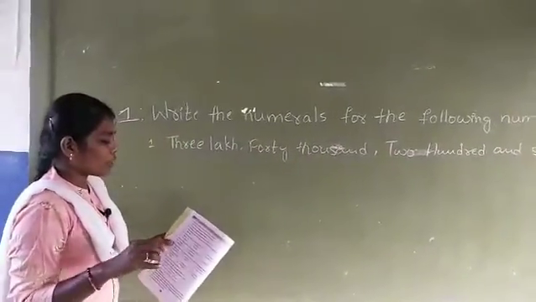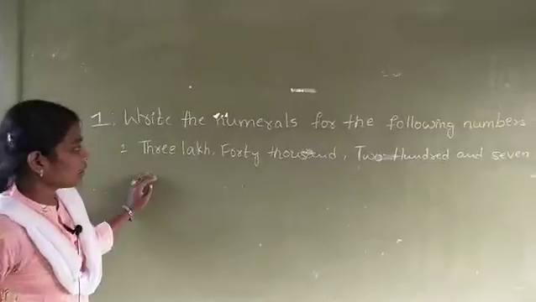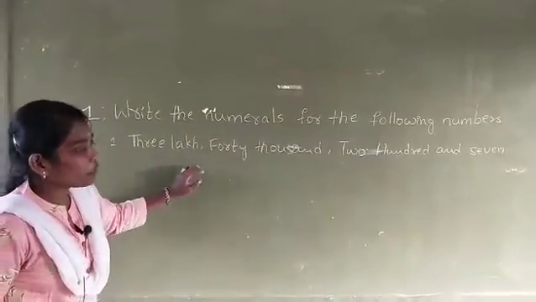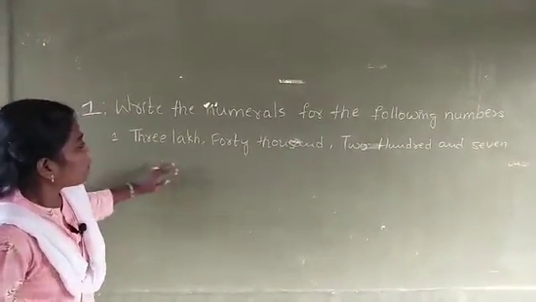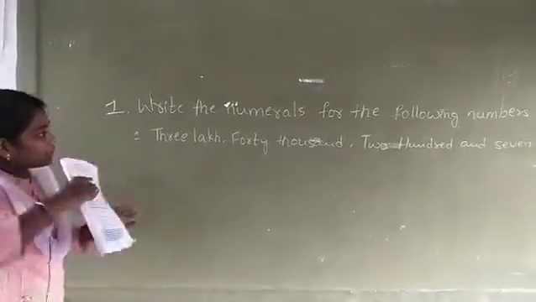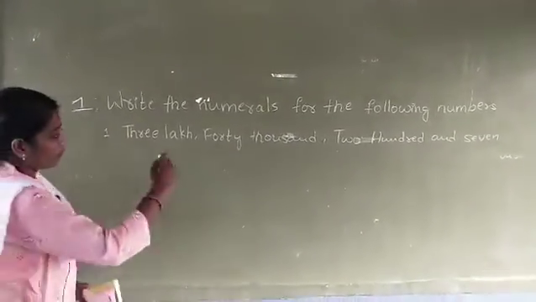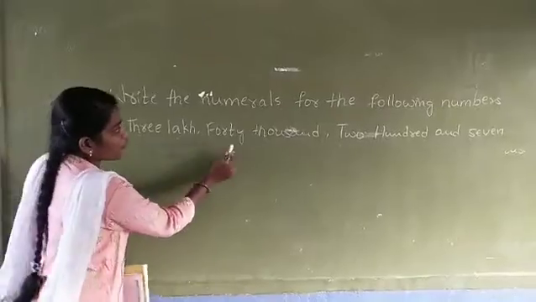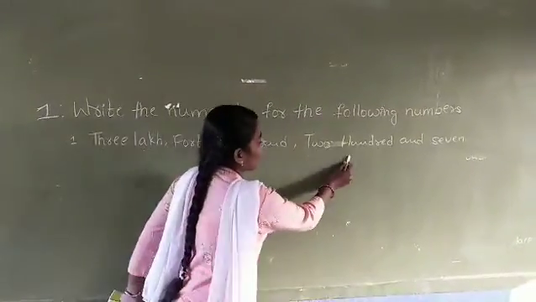Write the numerals for the following number names. Here, this number is given in word form. I am doing this number, which can be converted into numeral form: 3,40,207.